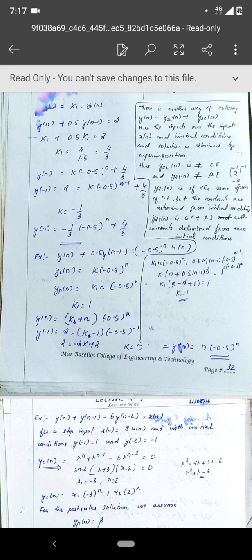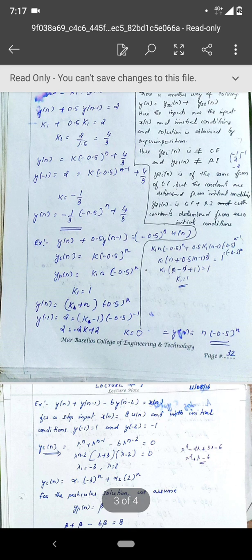Now what you have to do is, y of n we know, that is yc of n plus yp of n, that is complementary function plus particular solution. You add that. We know that yc of n is nothing but k into minus 0.5 raised to n, plus what you get for particular solution is 4 by 3. After adding that only, you have to determine the value of k, that is alpha. Instead of alpha we have substituted k here.